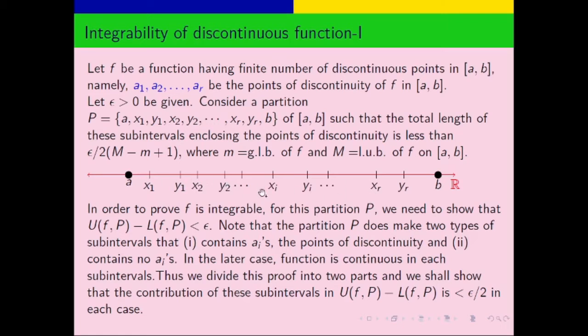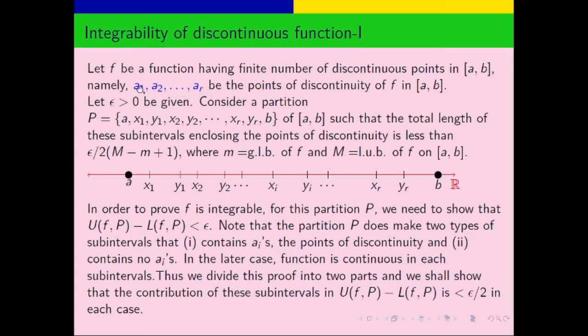So there are 2r plus 1 points in total here. Now we see this is a partition of [a, b]. The subinterval [x1, y1] contains one of the finite number of points where the function is discontinuous.